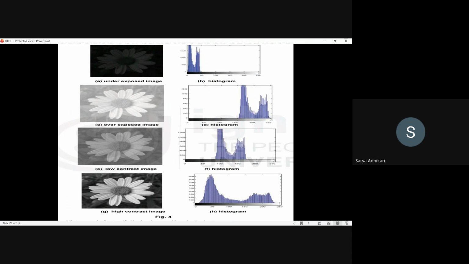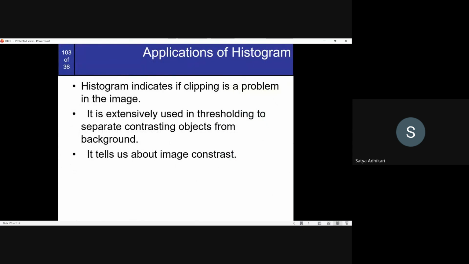So you will get some idea about the image you have. The application is that the histogram indicates clipping problems in the image.